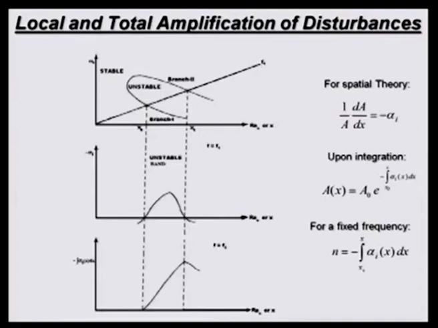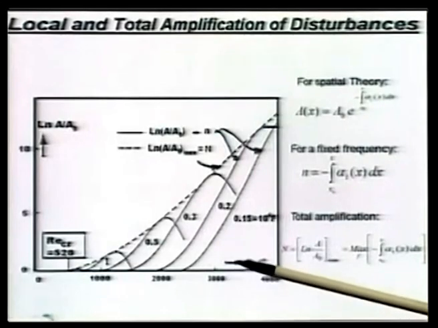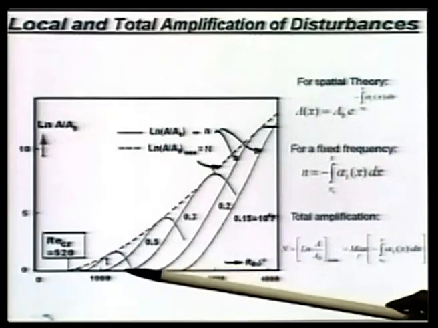What one does, of course, is look at the behavior of different frequencies, and this also we explained: as the frequency increases, the flow becomes unstable at an earlier location.